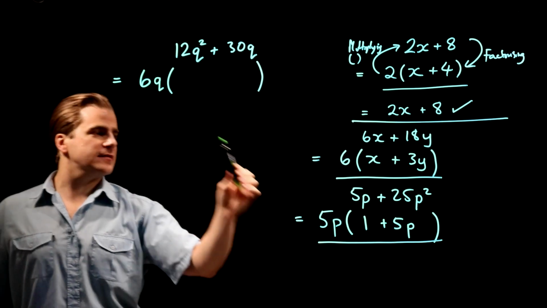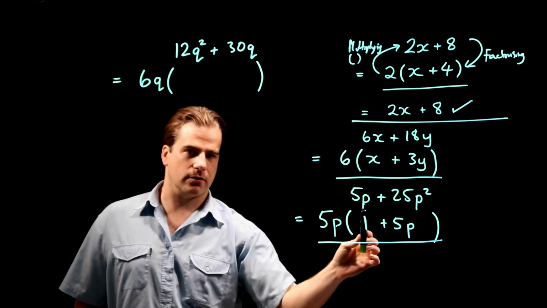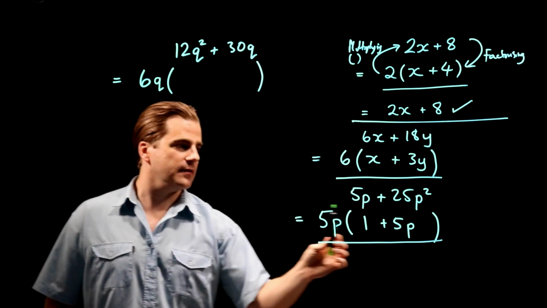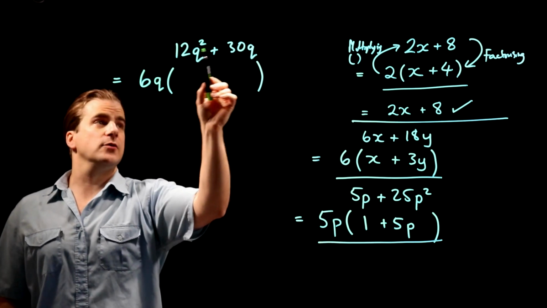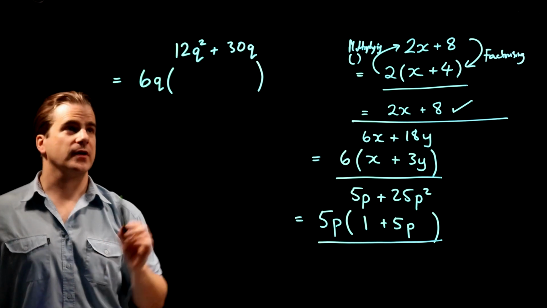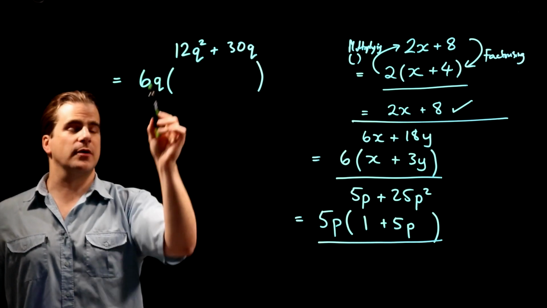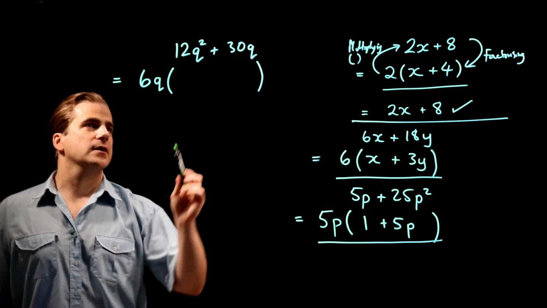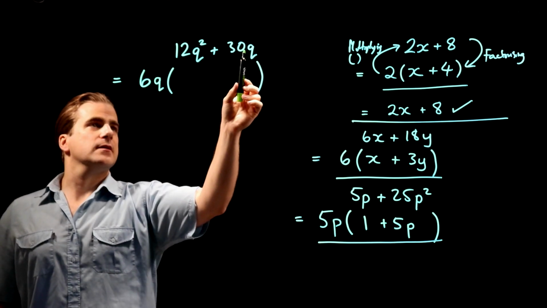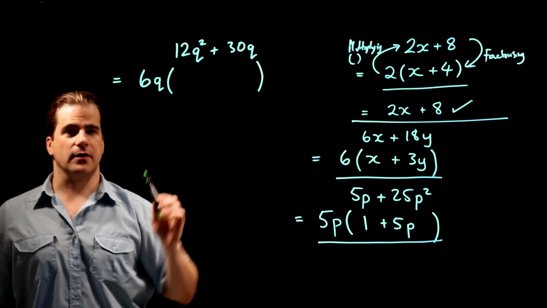So it's the same as this. Common factor of p and p squared is p. Common factor of q squared and q is q. So it's the same thing. We still pull out a q. Okay? So we're finished. We've done the numbers and we've done the variables.